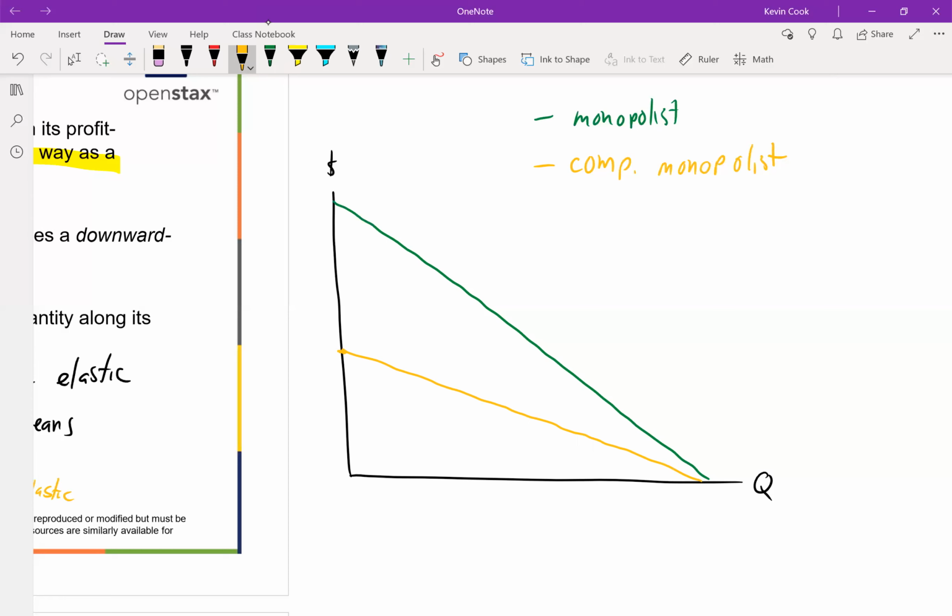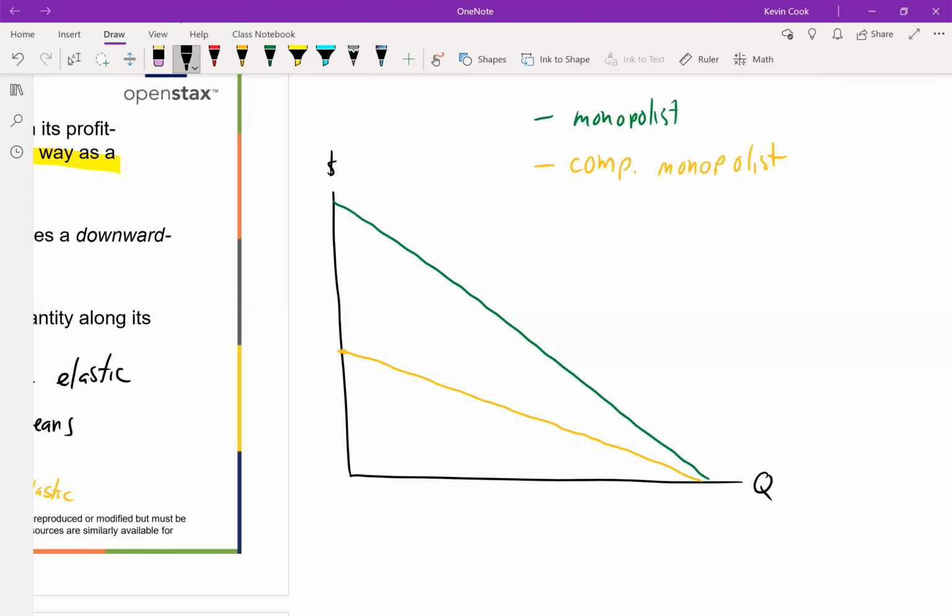So the basic idea is they're going to be flatter. Fewer people are buying from a competitive monopolist than from a monopolist because they have choices, but also the competitive monopolist has to charge a lower price because, again, I have choices.